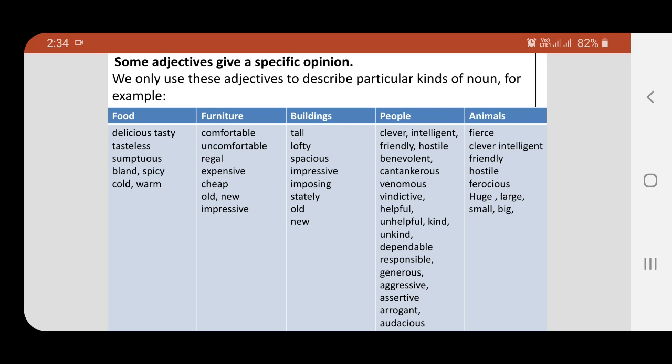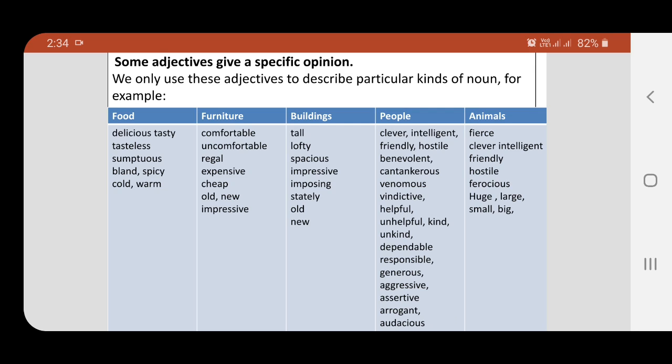Suppose a friend comes to your house for the first time, then your dog, which is a pet animal in your house, will bark at him because your friend is coming to the house for the first time. And you have to control the dog.